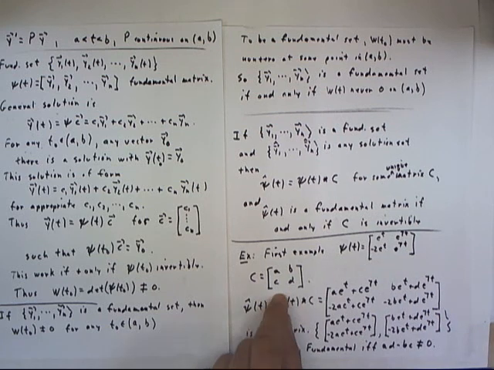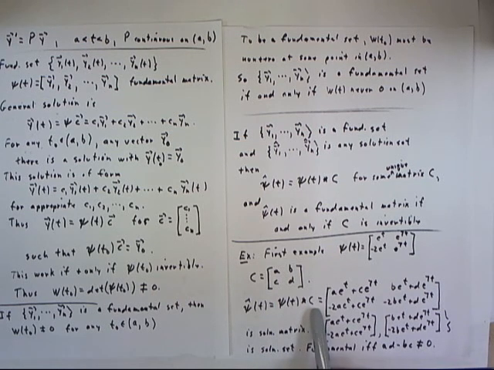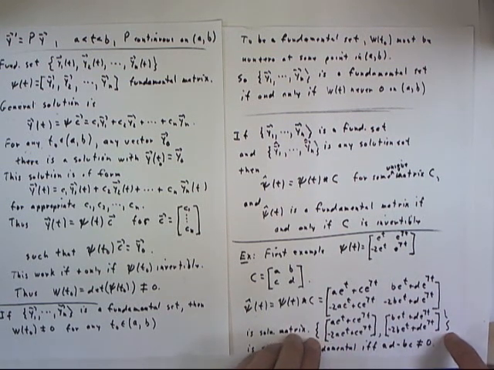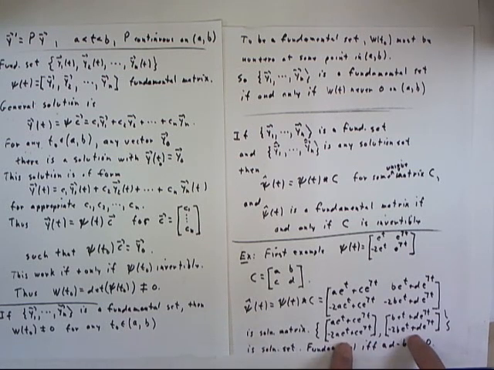Let's let C be any matrix A, B, C, D. If we multiply psi on the right by C, this is what we get. And this will be a solution matrix. In any case, this vector and this vector, written here inside braces, are solutions, so that this is a solution set.